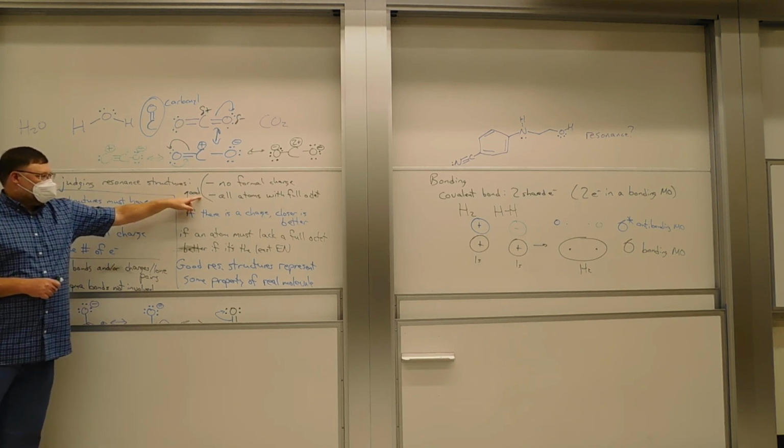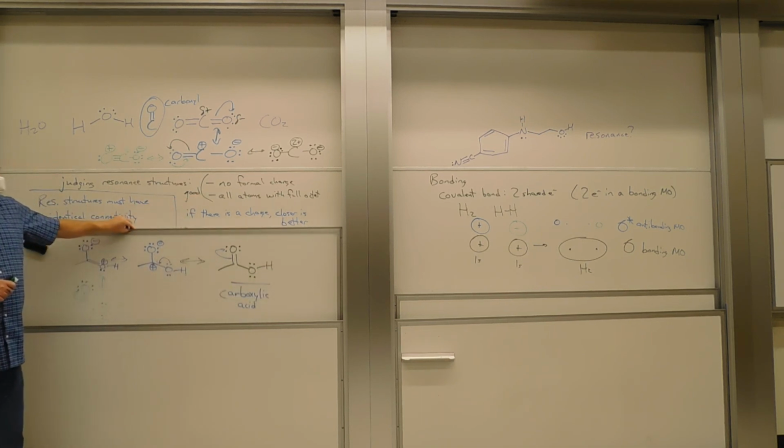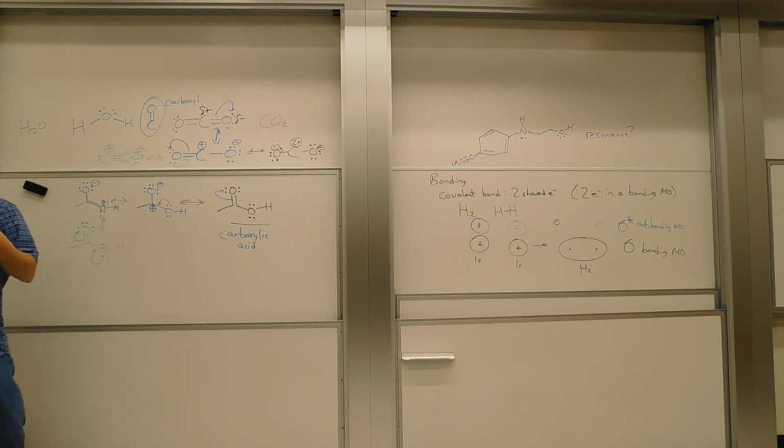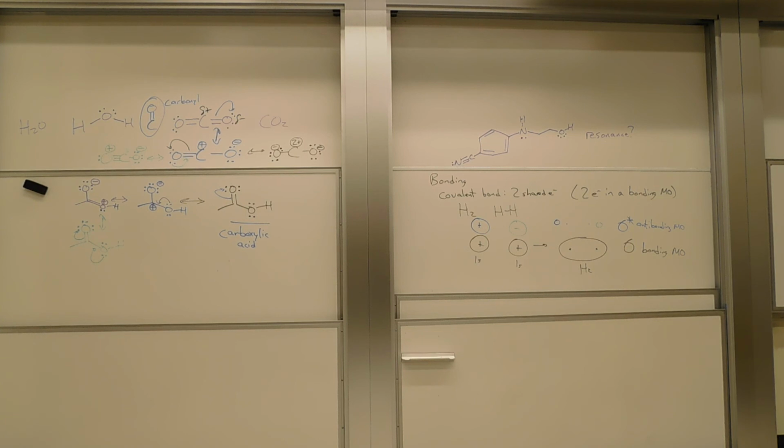All atoms with a full octet. All right. So again, here you've got conflicting information. Blue is fine. Blue and purple both do a good job of representing the real molecule. Charges are closer. All atoms have a full octet.